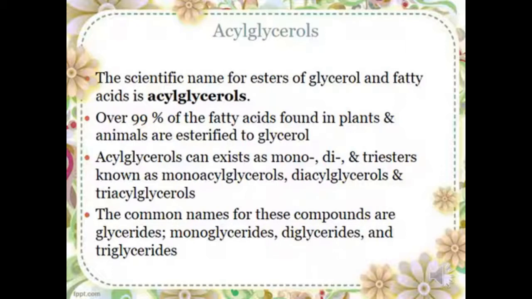These acylglycerols can exist as mono, di, and also triesters, named monoacylglycerols, diacylglycerols, and triacylglycerols respectively. However, the more common names for these compounds are monoglycerides, diglycerides, and triglycerides. So if you come across monoacylglycerol, it's the same as monoglyceride.